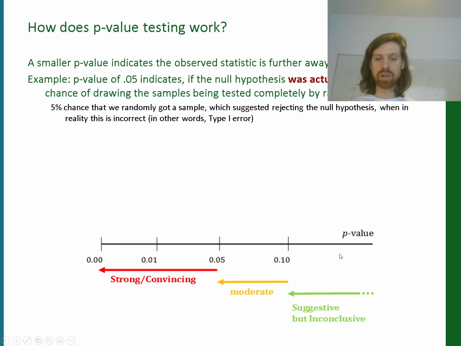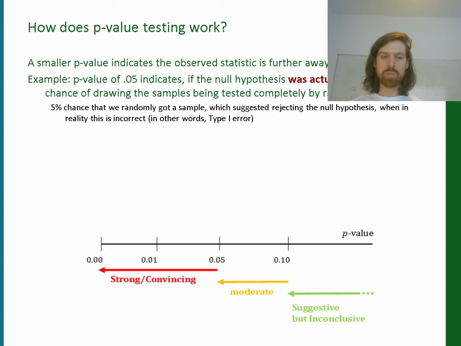The thing about the p-value is that if you are over here and not below 0.05, then this might be suggestive but inconclusive. You can't be 95% sure that the effect didn't just occur by random. Whereas over here, when you're below the 0.05 level, you can start to make stronger conclusions because there's a much smaller probability of the result occurring completely by random.